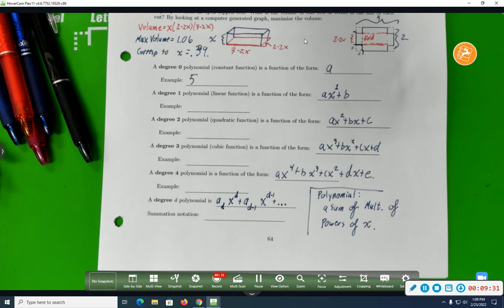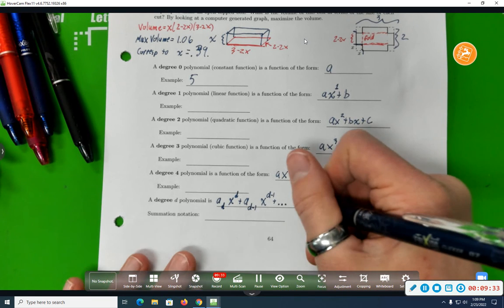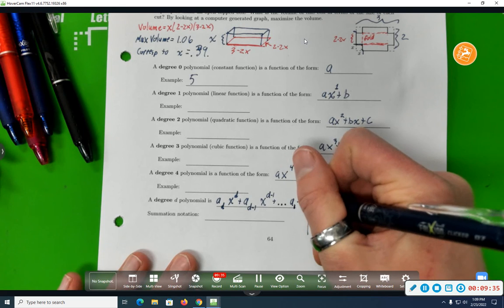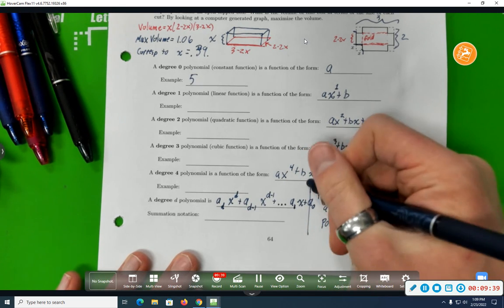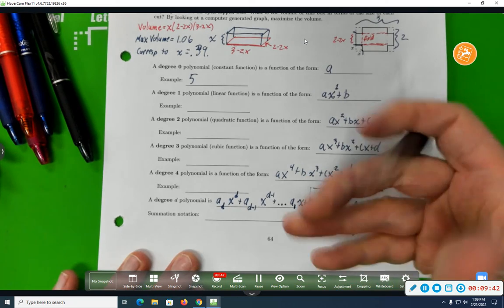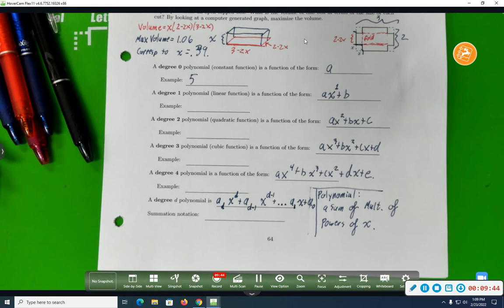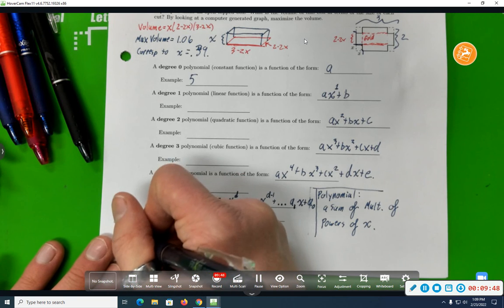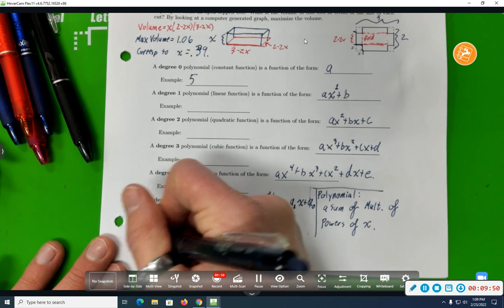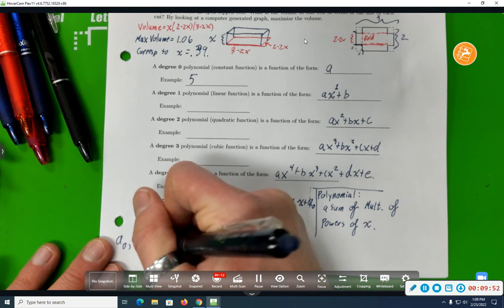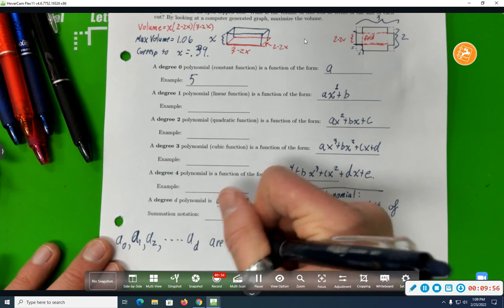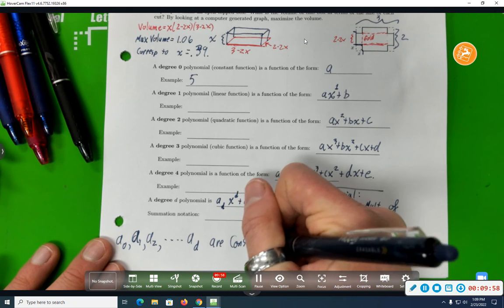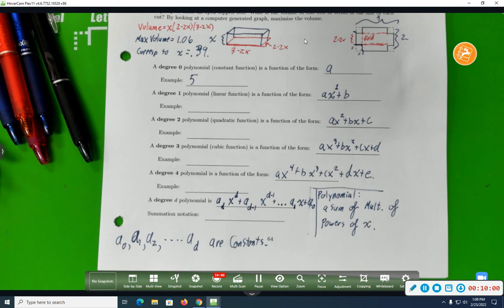So I'll encode it with a dot, dot, dot, then a1 times x plus a0. Here a0, a1, a2, on through ad are constants. They're just numbers.